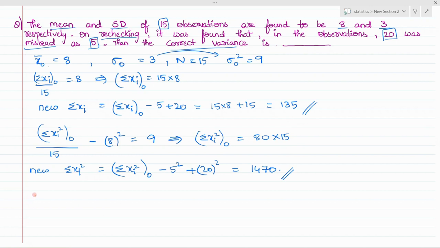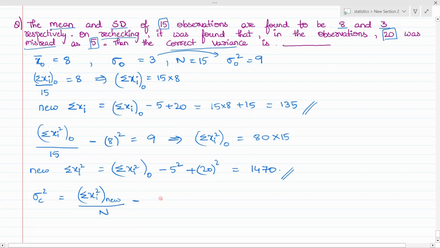So the new variance, or the correct variance, will be sigma xi square new upon n observations minus the new mean, that is sigma xi new upon n, whole square, right?